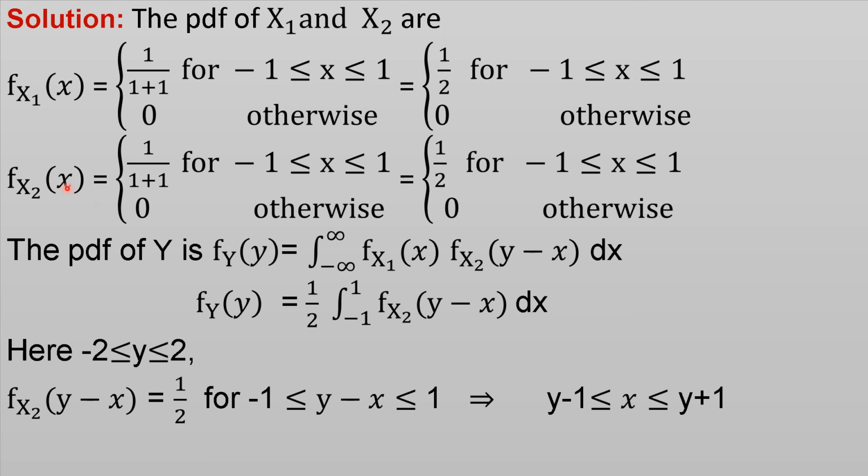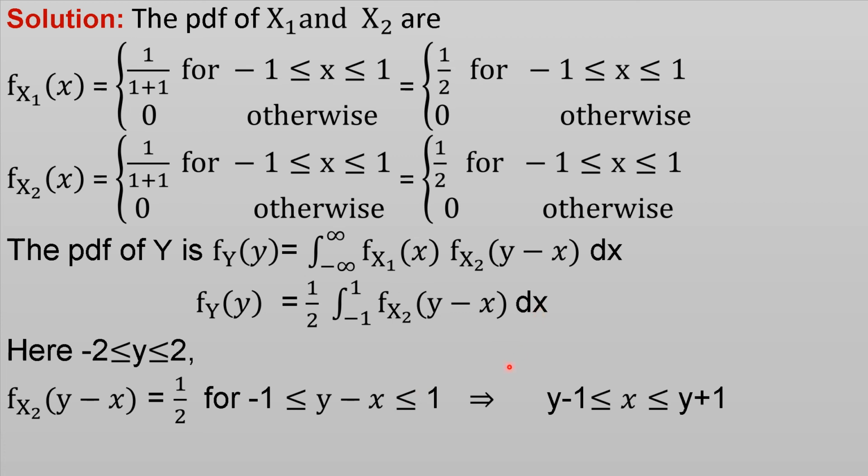So replacing x by y minus x, fx2 of y minus x will be equal to half for all y minus x values between -1 and +1, 0 otherwise. If fx2 of y minus x is 0, then we don't have any calculation. So it is equal to 1 by 2 for y minus x between -1 and +1.